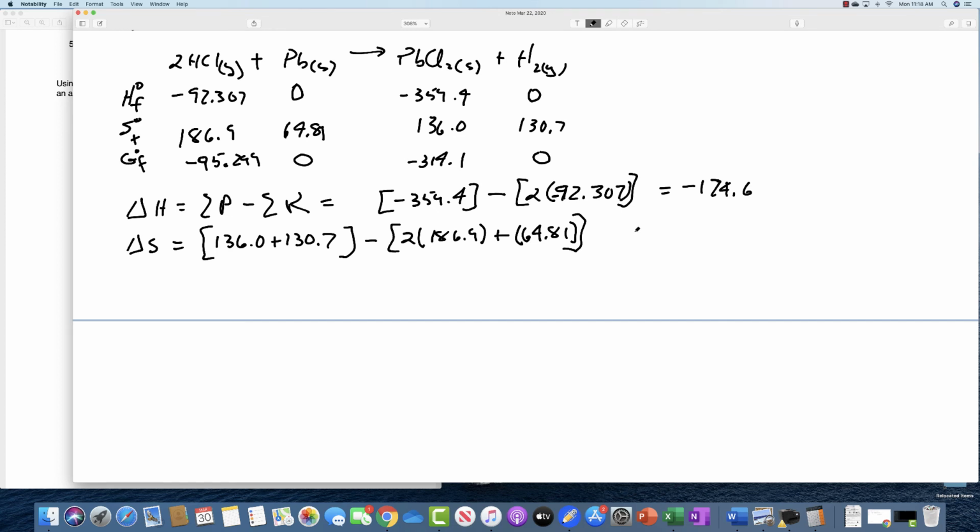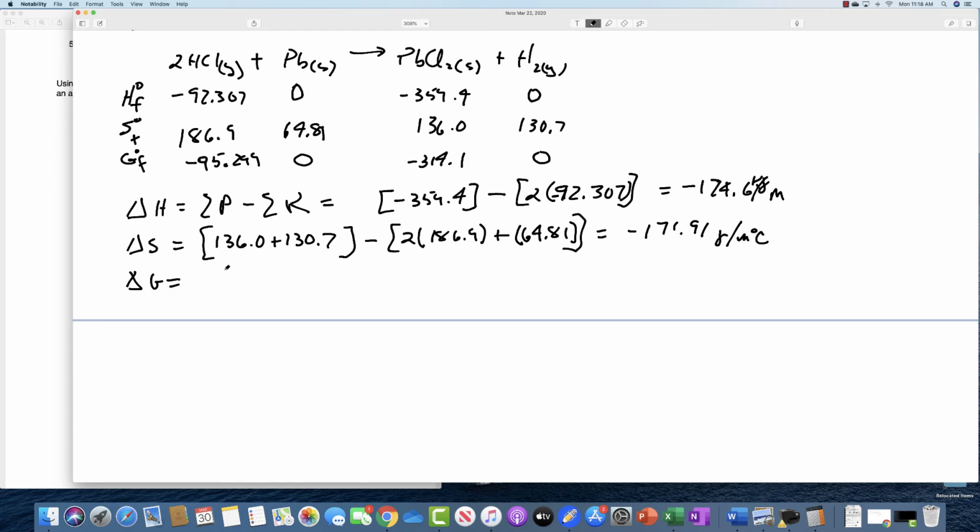And again, if you do the math here, you get minus 171.91. Now, this is joules per mole degree centigrade. This is kilojoules per mole. And there's a reason I keep track of that, and you'll see in just a second.